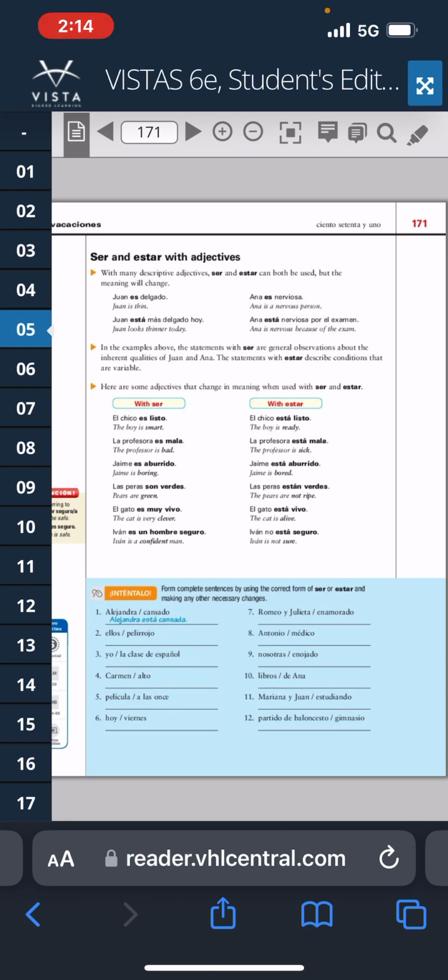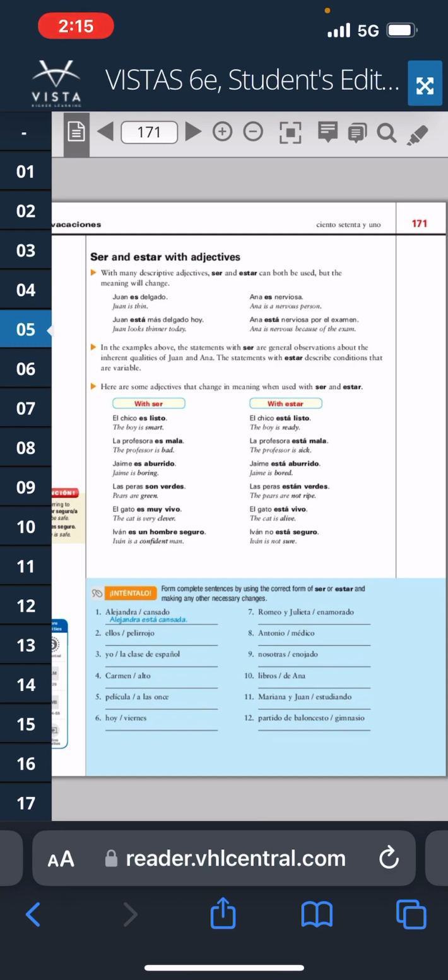Ana está nerviosa por el examen. Ana is nervous because of the exam. In the examples above, the statements with ser are general observations about the inherent qualities of Juan and Ana. The statements with estar describe conditions that are variable.